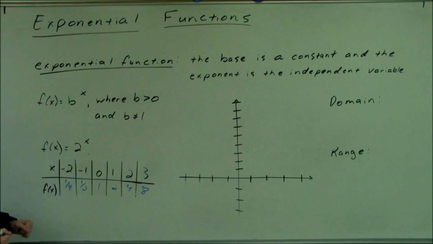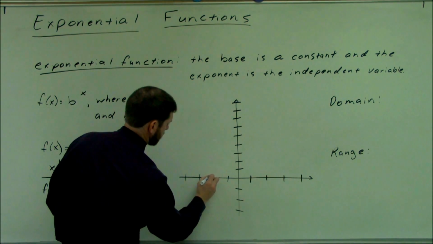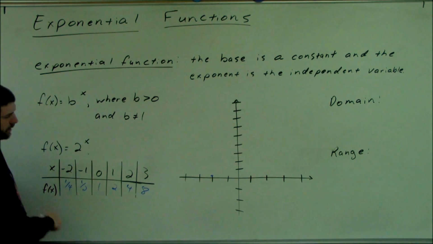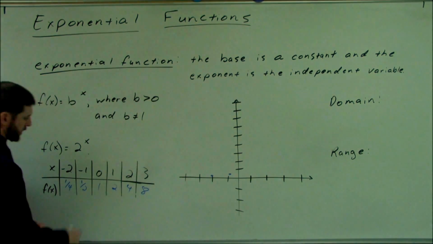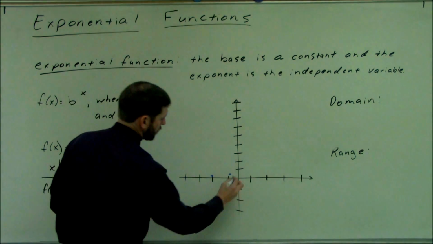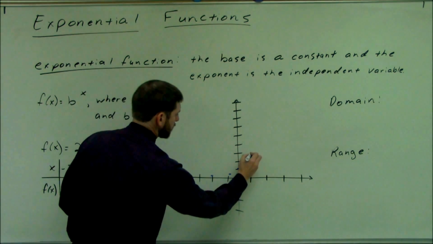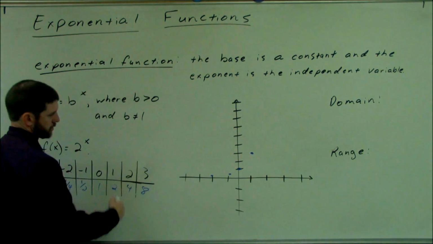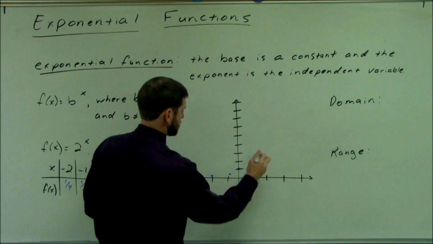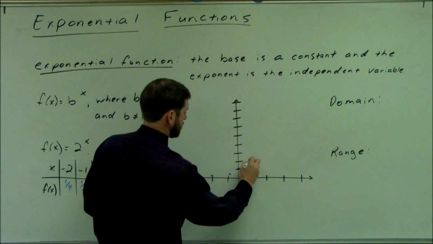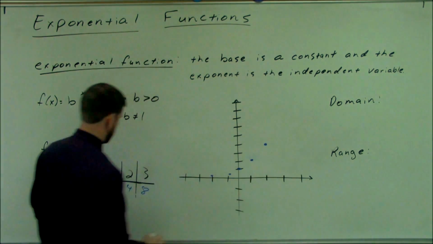So let's plot the points. Negative 2 and 1/4. So we'll say we're about right there. Negative 1 and 1/2. It's about right there. 0 and 1. 1 and 2. 2 and 4.